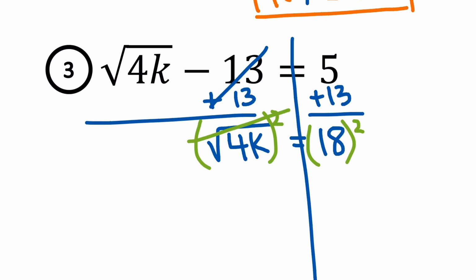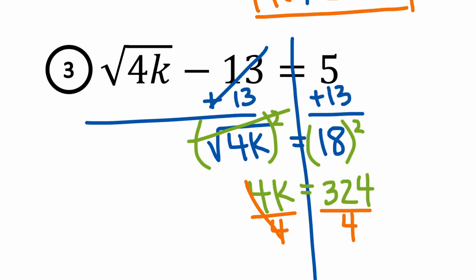The square root and the square cancel. 4k comes down. And 18 squared makes 324. And now, to get rid of the 4, I will divide both sides by 4. So for problem number 3, k is equal to 81.